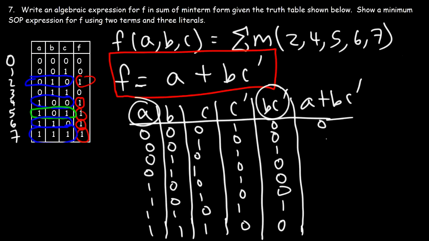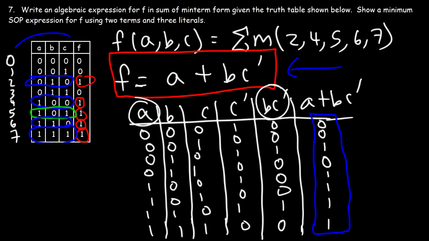So 0 plus 0 is 0, 0 plus 1 is 1, 1 plus 0 is 1, 1 plus 1 is 1, 1 plus 0 is 1. So notice that what we have in this column is exactly the same as what we have in this column. So this is the function that corresponds to this truth table. So now you know how to go from the data in the truth table to writing the function that represents that truth table.